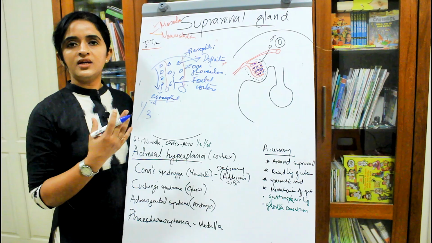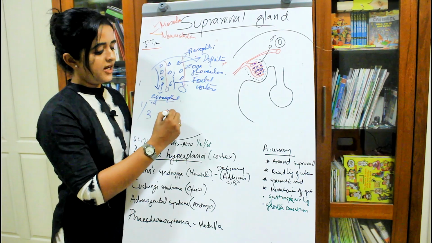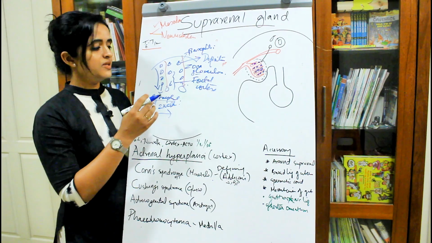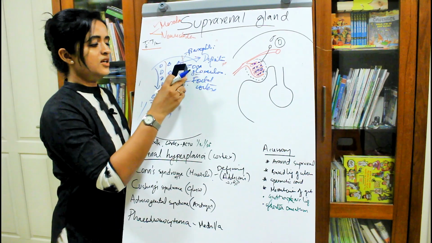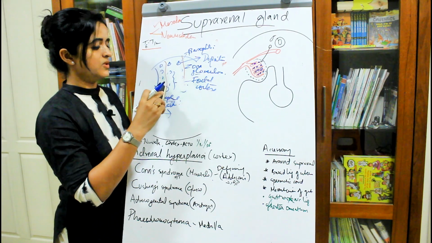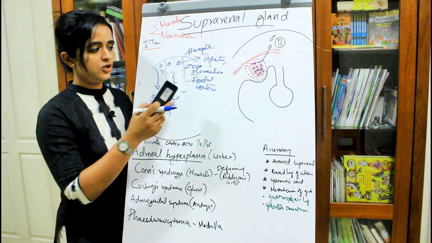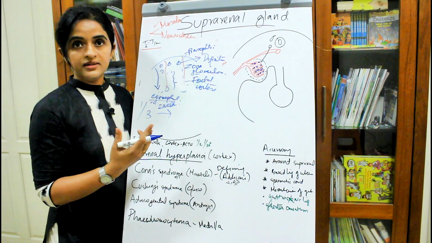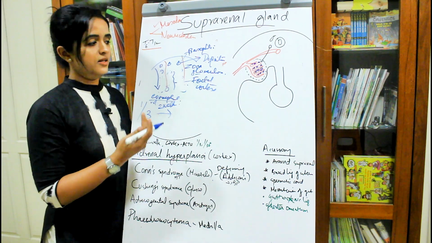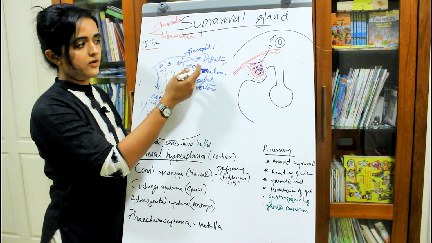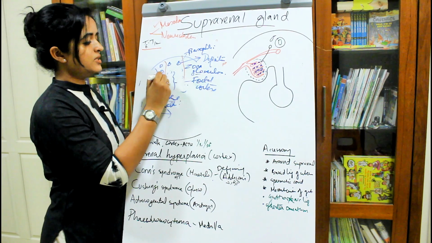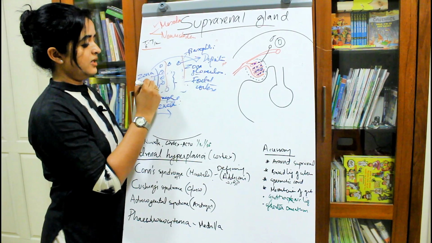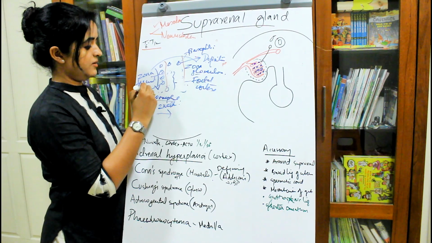So what happens to the suprarenal gland later? After about 2 weeks of birth, this fetal cortex will degenerate. The fetal cortex, the innermost cells filled with eosinophilic cytoplasm, will just degenerate, and the remaining layers of the suprarenal cortex are the outermost definitive cortex, that is zona glomerulosa, the next layer zona fasciculata, and the innermost zona reticularis.